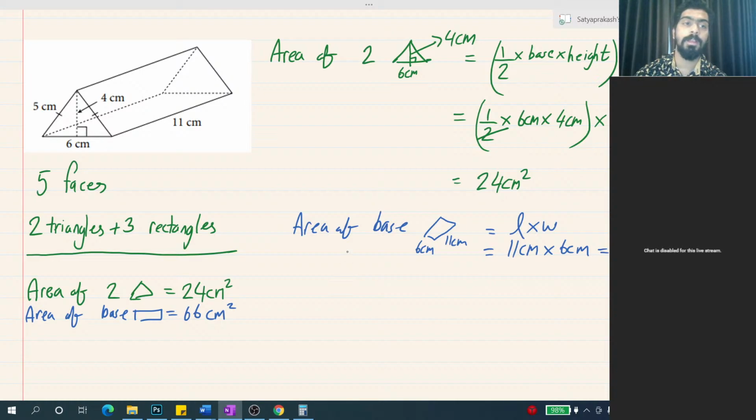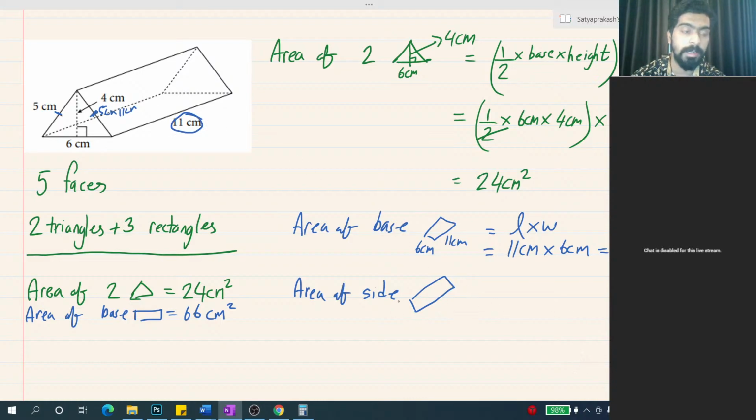All right, guys. Now let us go ahead and find the area of the side rectangles, or we can also call them the slope rectangles. So the area of side rectangles would look something like this, and we know that both of these sides have equal dimensions because this is equal to this, right? This is 5 cm and this is 11 cm. Same goes here, 11 cm and 5 cm.